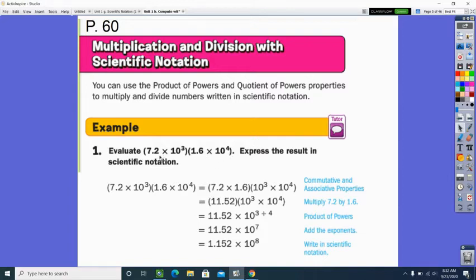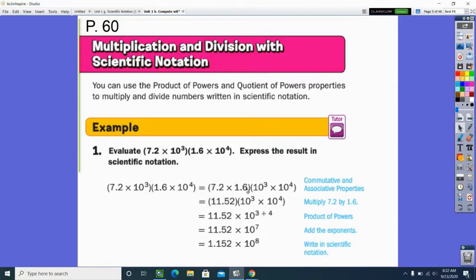Now remember that this is 4 things being multiplied: 7.2 times 10 to the third times 1.6 times 10 to the fourth. So it would be easier to commute, to switch the order of these two so that the 7.2 and the 1.6 are next to each other, and then the 2 powers of 10 are next to each other.